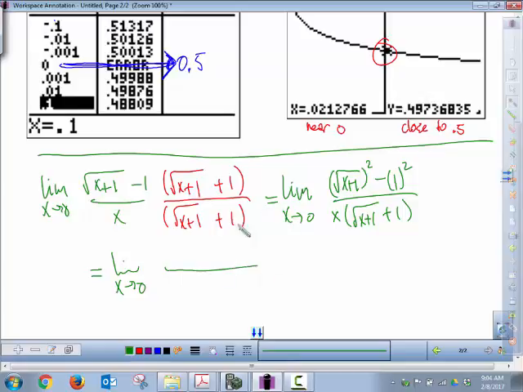If you notice the numerator, you get x plus 1 for the first expression, and the second expression has a negative 1. So the 1's cancel, and we just have x in the numerator. And that's good for the x in the denominator because you can cancel with that as well.